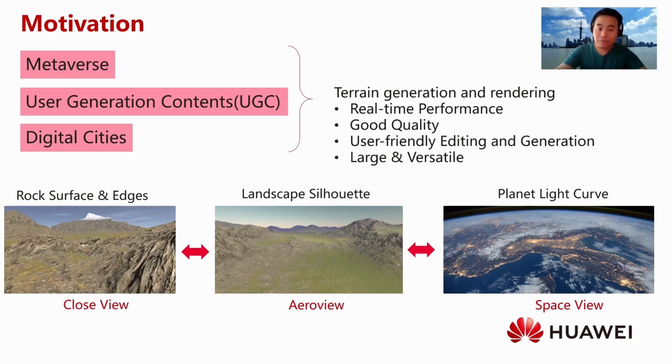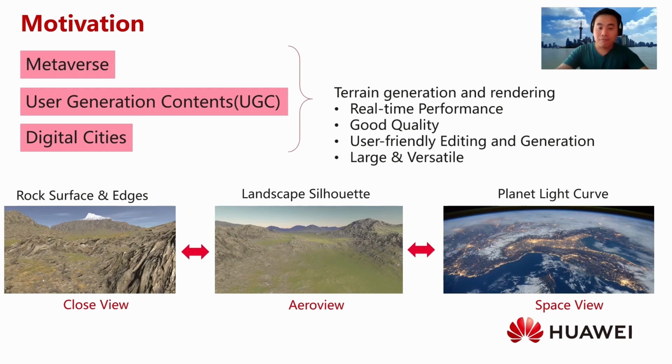We believe the virtual terrain system, no matter for editing or rendering, must meet these important requirements. First, it must be real-time performance to provide a basic and proper interactive experience for the users. And it must provide good visual quality, at least not so bad as to impede its marketing.